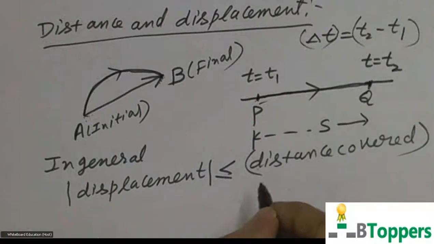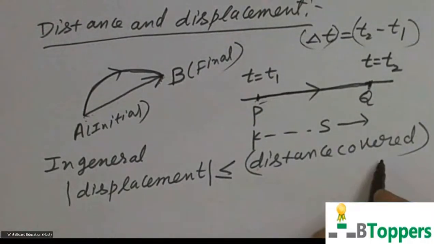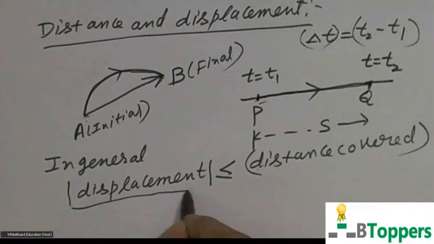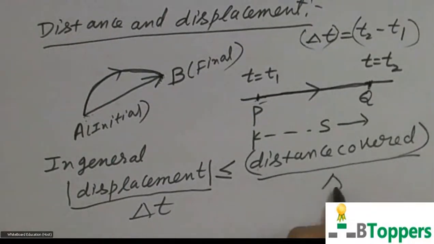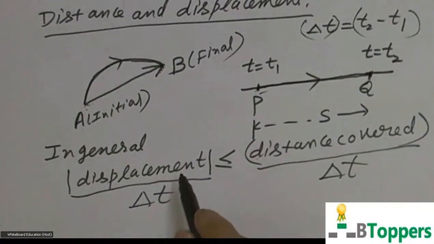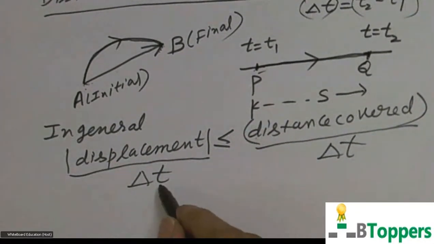The magnitude of displacement of the particle cannot be greater than the actual distance covered by the particle. So if you divide both sides by the time interval delta t, the magnitude of the displacement of the particle divided by time interval delta t gives you what?